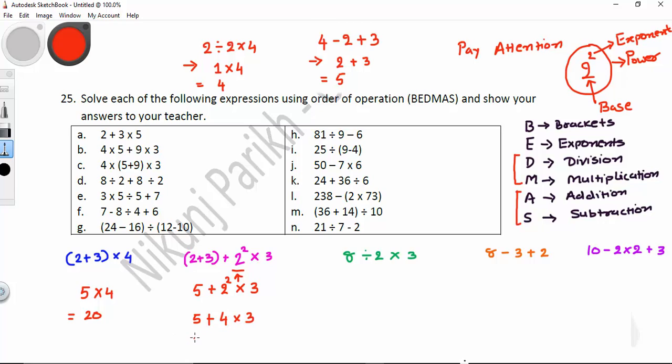So I'll say 5 plus 4 times 3, that is 12. And that is equal to 17. Now I want you to solve these 3 problems. Then show your answers to your teacher. And if they are all correct, then you can go ahead and solve all these problems and show your answers to your teacher.